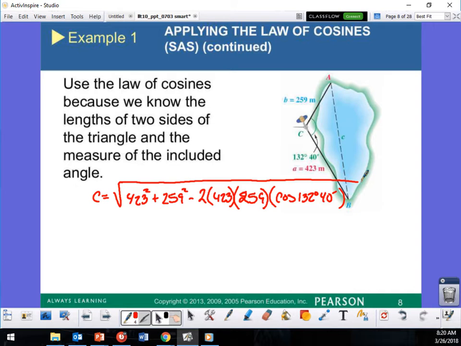Write out your whole thing first. That's very important. Have everything there. I know everyone's plugging it into the calculator. We're still writing it. You're still writing it.